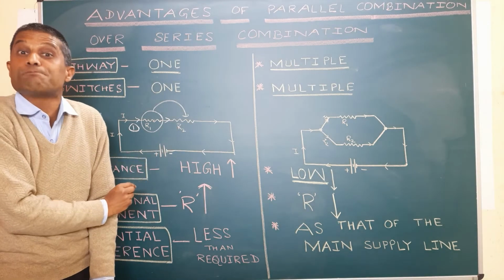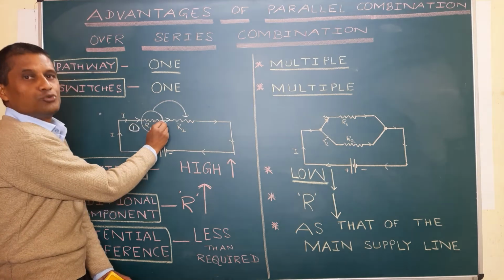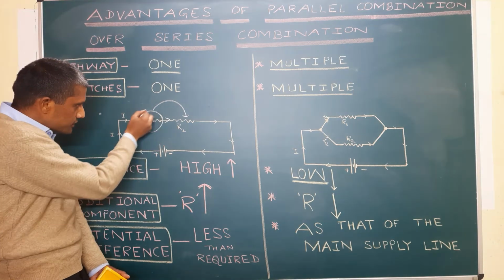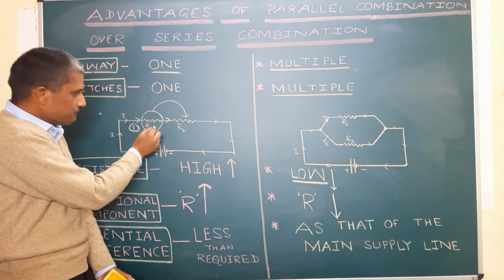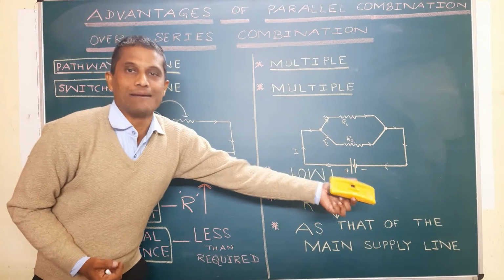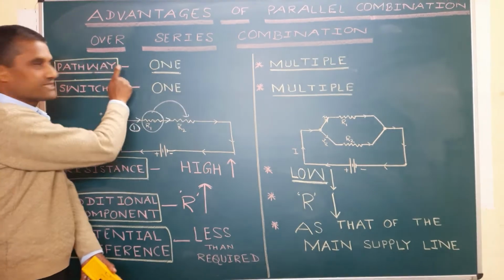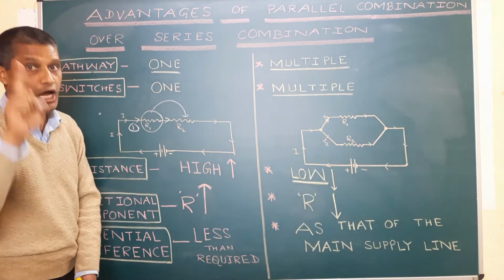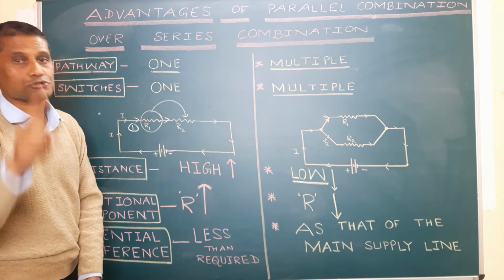Why? Because current has got only one pathway to flow through. Since this bulb or this resistor has got defective, the current can't go to the very next bulb, and that's the drawback in series combination, thanks to the only one pathway for the electric current to go through.